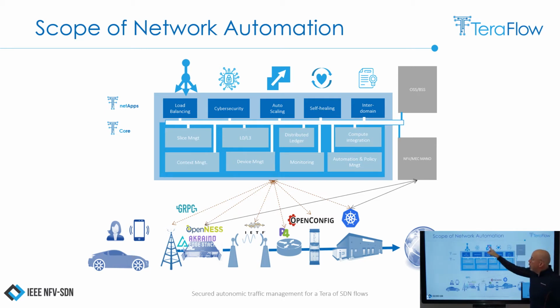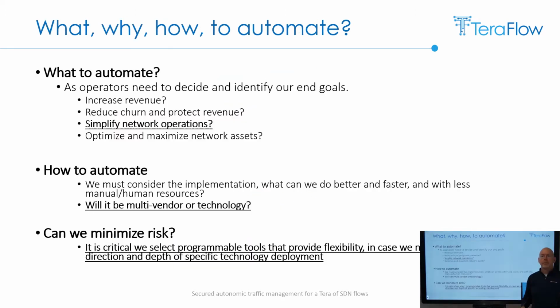We've got the overall framework of TerraFlow, which includes several key functional components like the distributed ledger, the slice manager, the lower layer network manager, the context management, device management, automation and policy, and overall monitoring. And then beneath the framework with the individual functional components that are required to deliver the TerraFlow applications and services, we've got the individual devices and interfaces themselves.